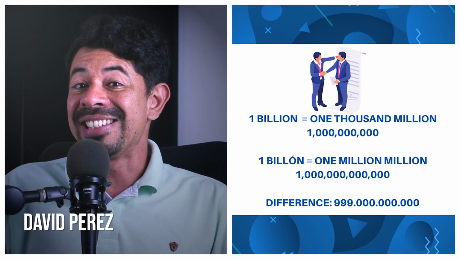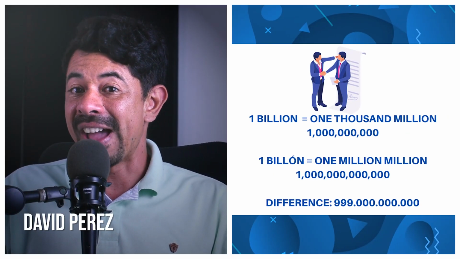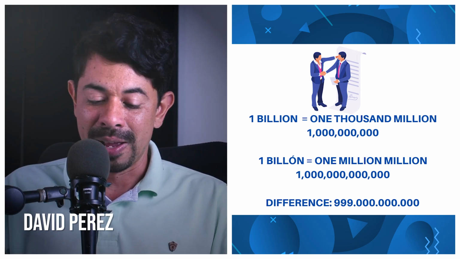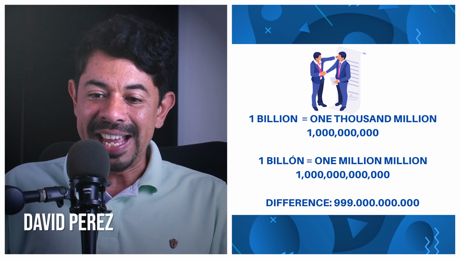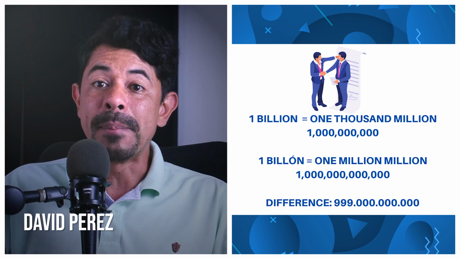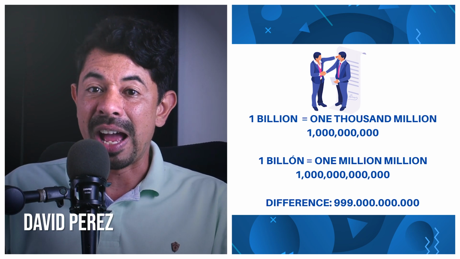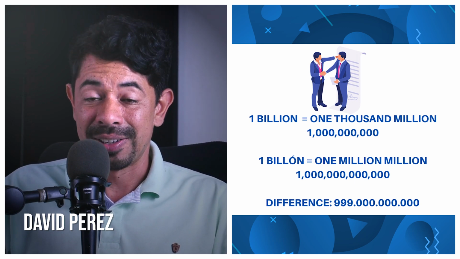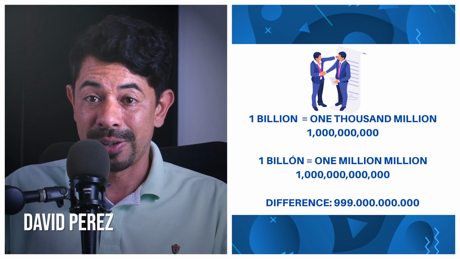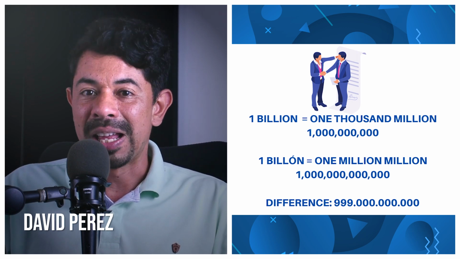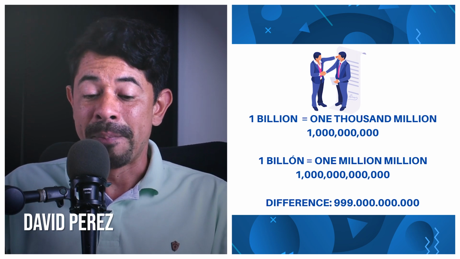The next one is critical, and that is billion versus billón in Spanish. And I say this one is critical because it is a very common mistake even among advanced speakers of English. Yes, native speakers of Spanish who are advanced speakers of English still make that mistake.